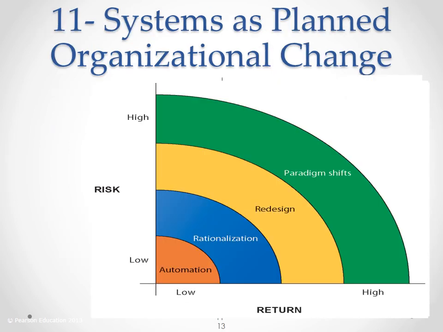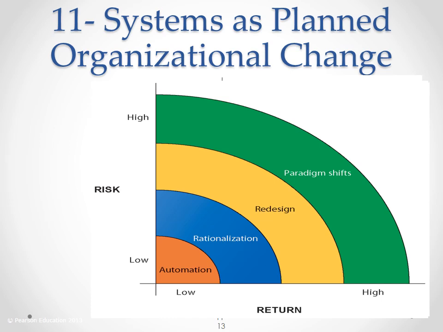Systems as planned organizational change. Information technology can promote various degrees of organizational change. This diagram shows the four kinds of structural organizational change that are enabled by information technology. We have here two axes.